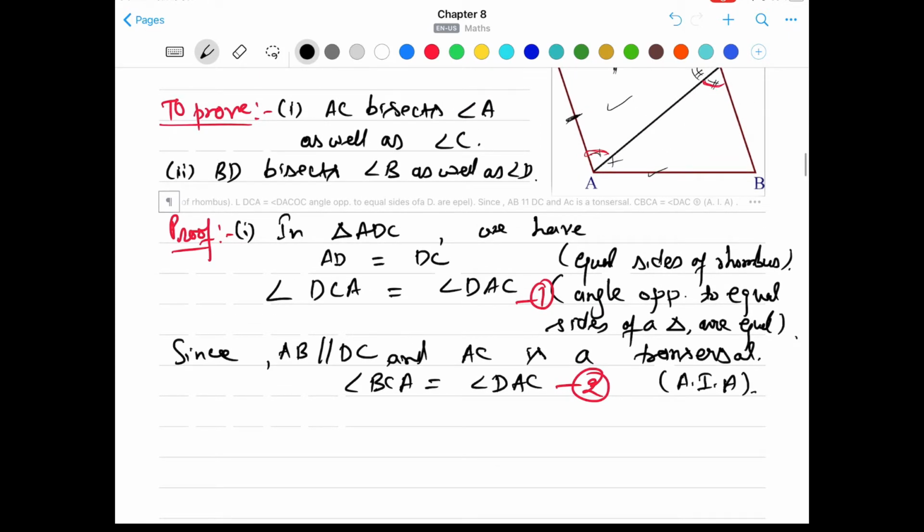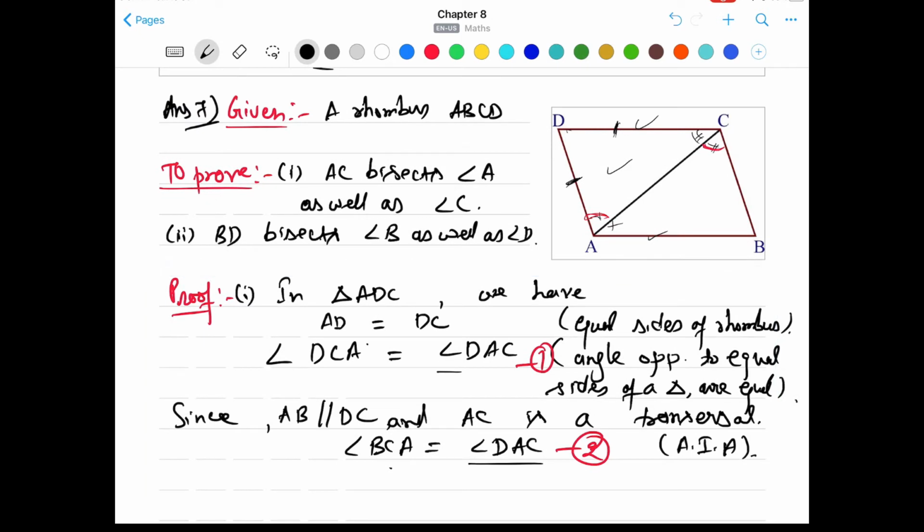So we got that DCA equals DAC and BCA equals DAC, and this will give us that both are equal to DAC. So this DCA and BCA will be equal. This DCA is this one angle and BCA is this one.